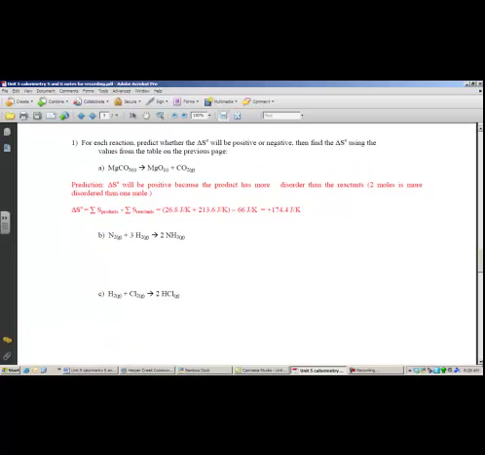On page 3 here, if you want to make a prediction, it's pretty easy to do based on the chemical equation, and then you can also quantitatively calculate the change in entropy to tell whether the system is going towards more disorder or less disorder.